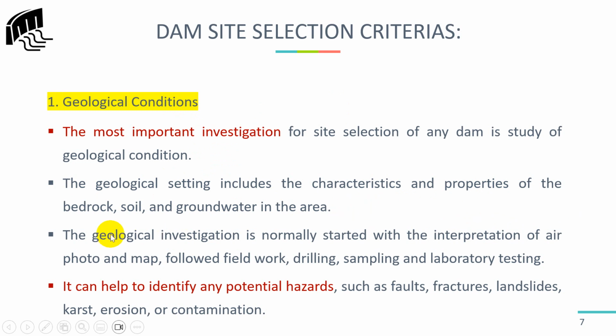Normally, when we want to make a geological investigation, it starts with interpretation of photos and maps, followed by field work, and then we can do drilling, take samples, and test in the laboratory. This is important. Why? Because it can help to identify any potential hazards such as faults, fractures, landslides, karst, erosion, or contamination.